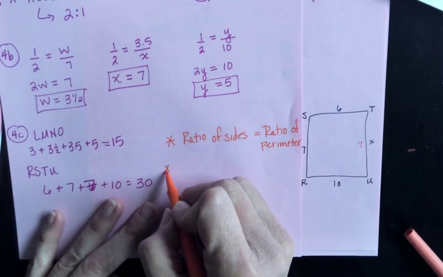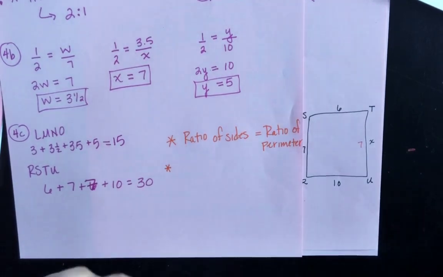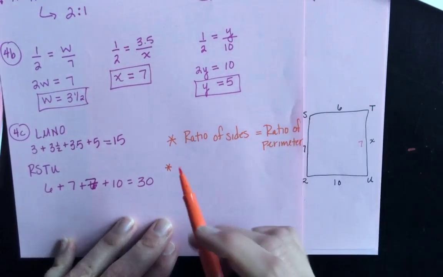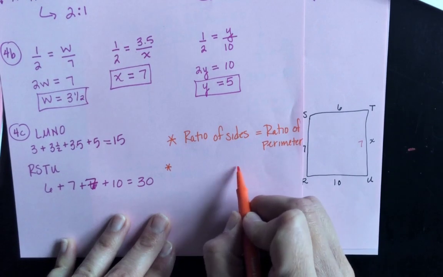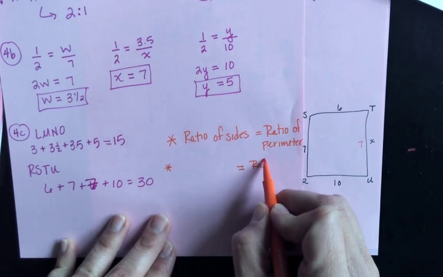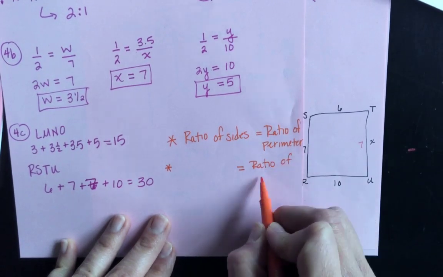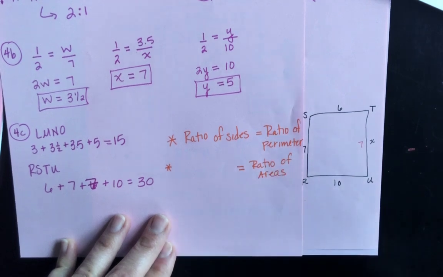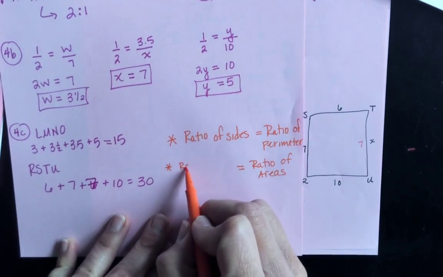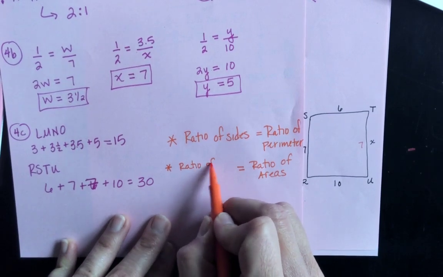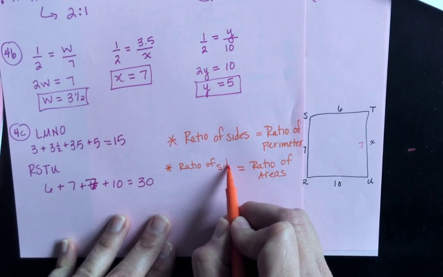We did talk, and I did ask, and you can go back and look through our notes or our videos, that we said if we're going to talk now about area, the ratio of the areas, we have to do something to the ratio of the sides.